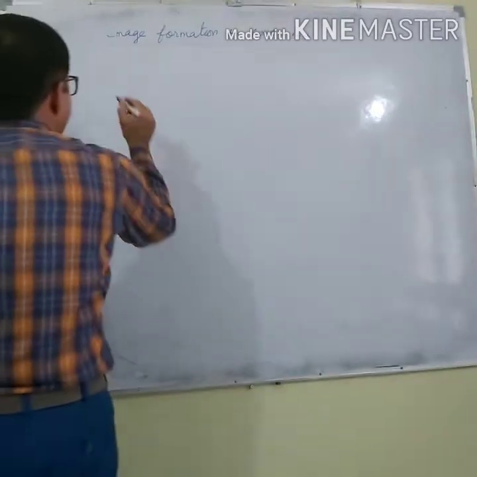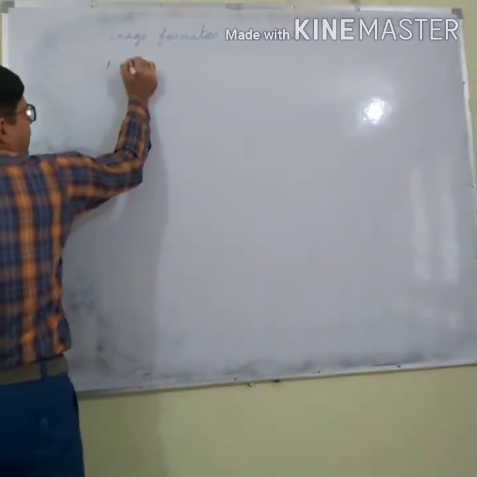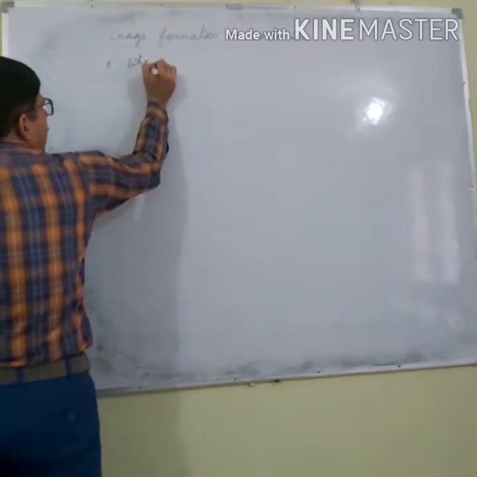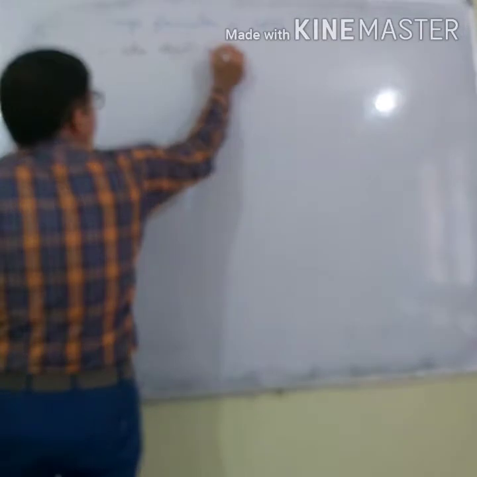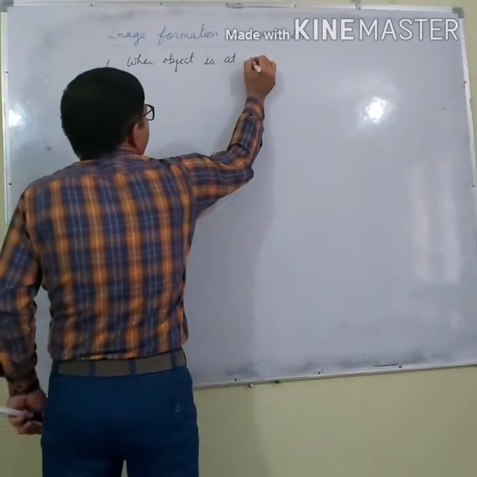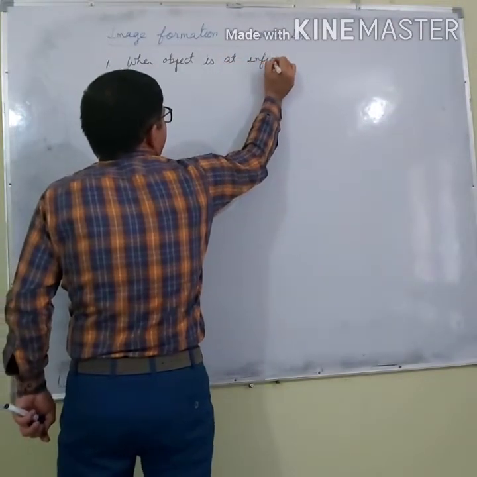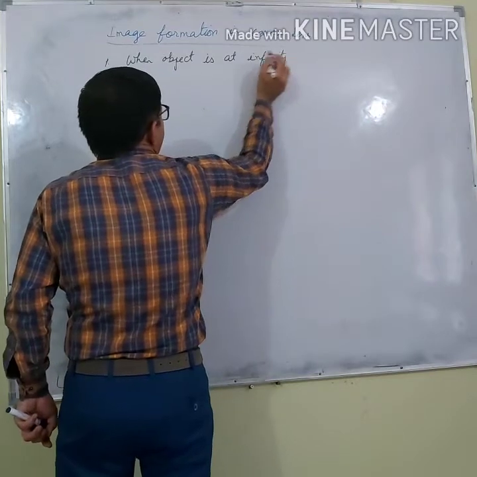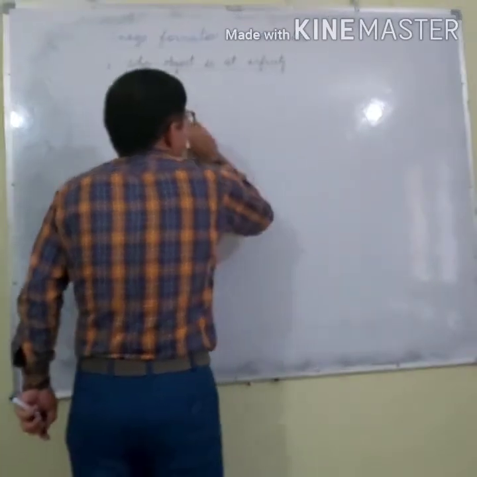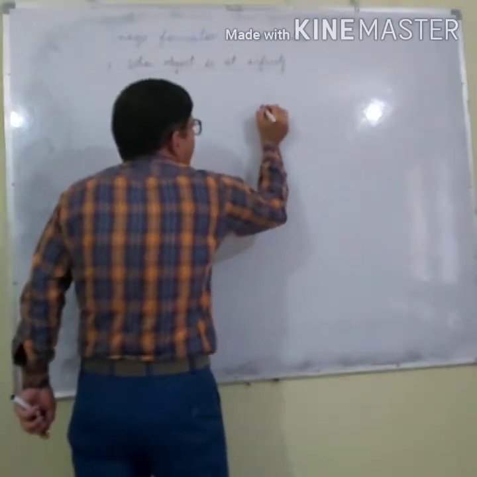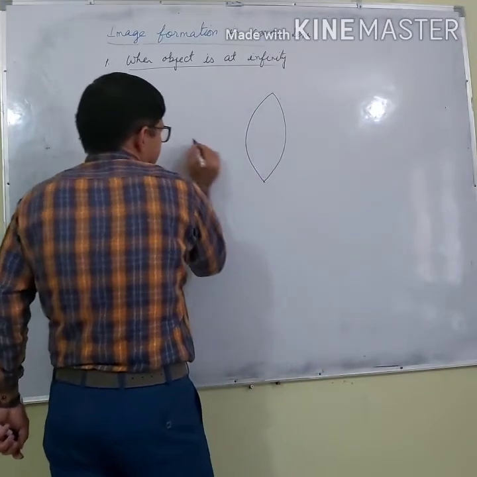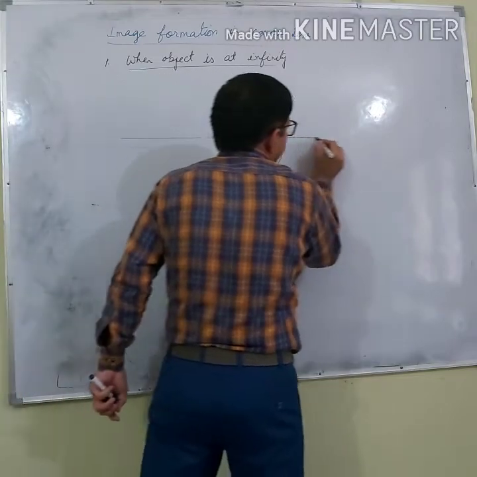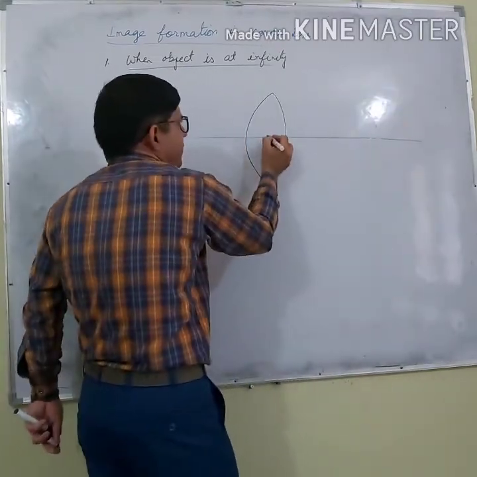The first case is when object is at infinity. What does it mean? It means that this is the lens and this line is principal axis.